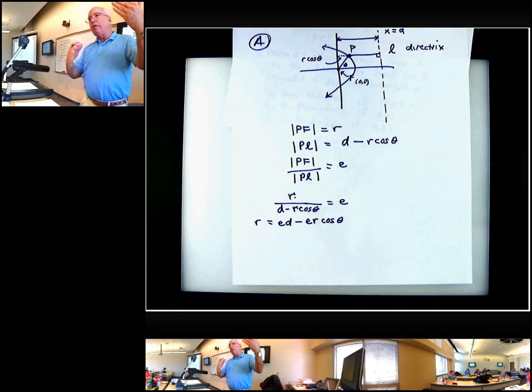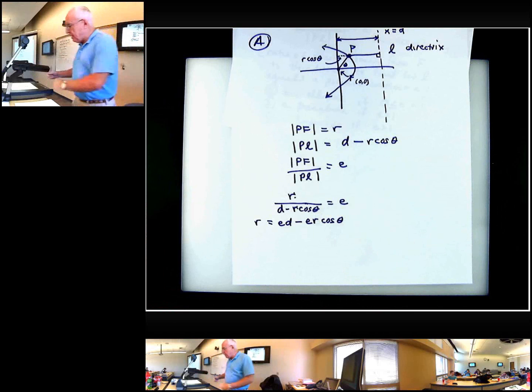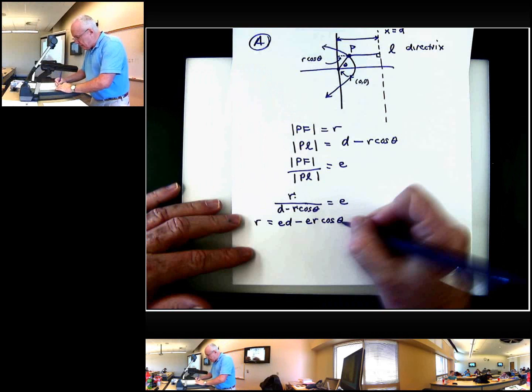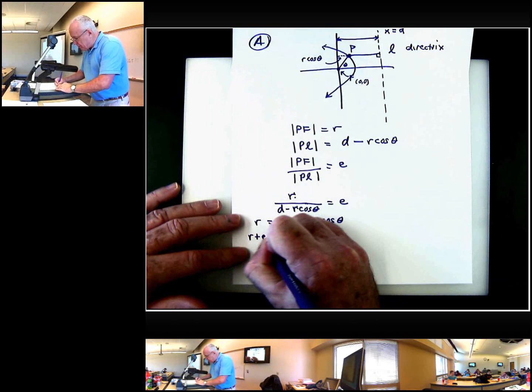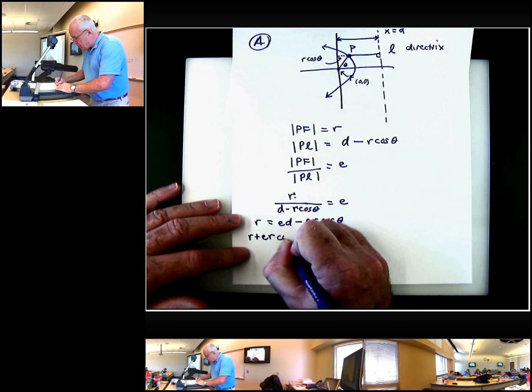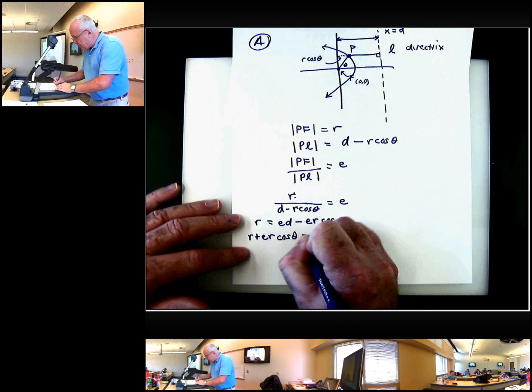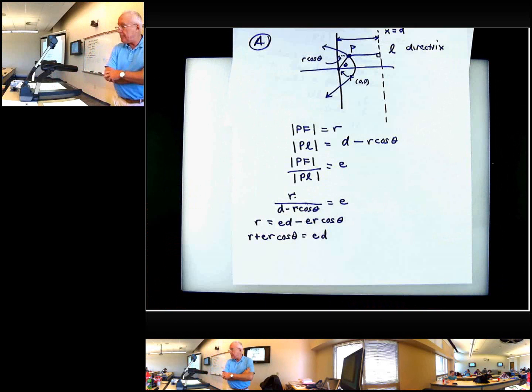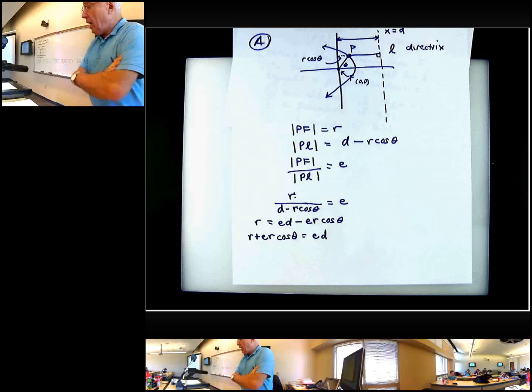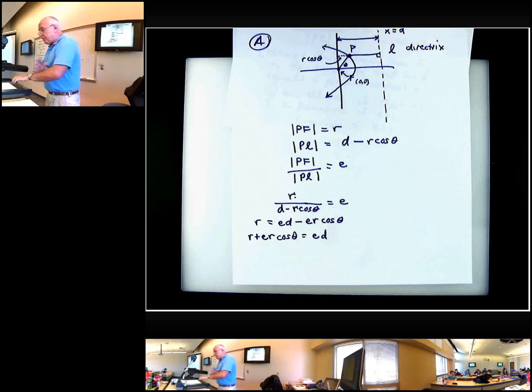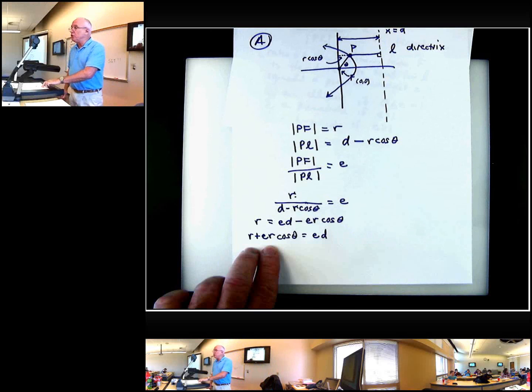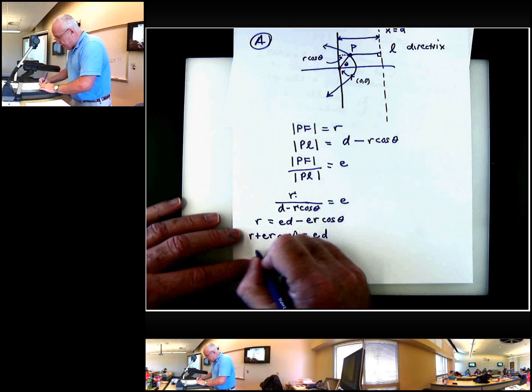Now let me get all the r stuff over onto the left-hand side. So I'm going to add: r plus e times r cosine theta equals e times d. And then on the left side, I have an r that's common to both of the terms, so I'm going to factor that out.